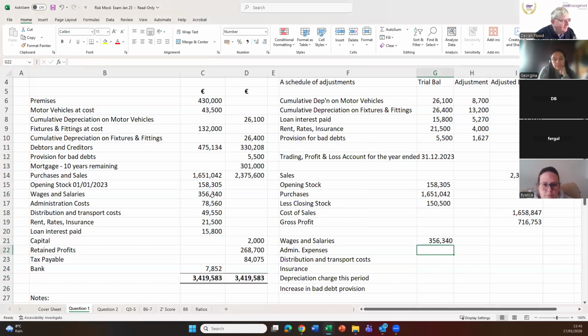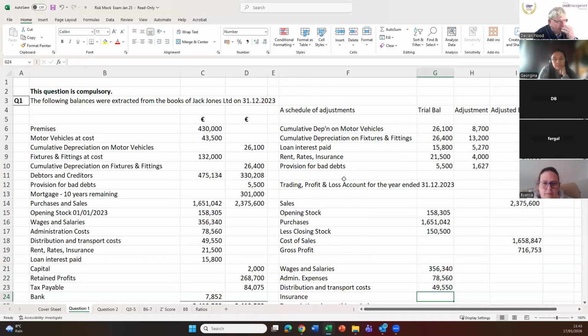That's grand. Admin expenses is 78,560. Distribution and transport costs are 49,500. My insurance. Now, here's the first one because my insurance is adjusted.